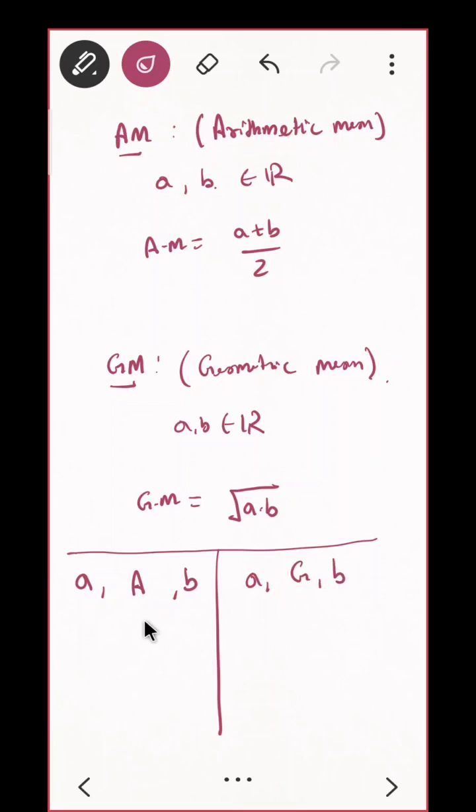What do you know by arithmetic progression? They have a common difference. That is A minus a is the same as b minus A. Do you agree? Can you see the formula? 2A equals a plus b, and A equals (a plus b) by 2. This is how the formula came. Do you agree?